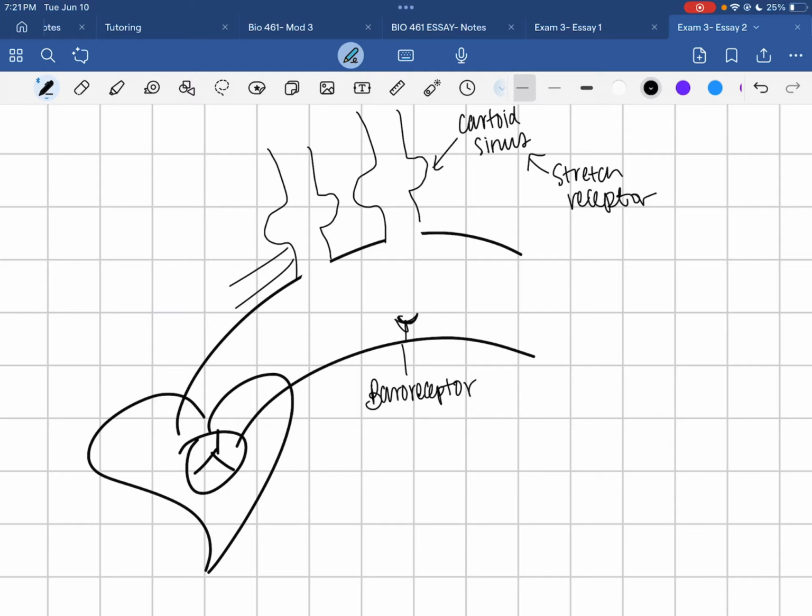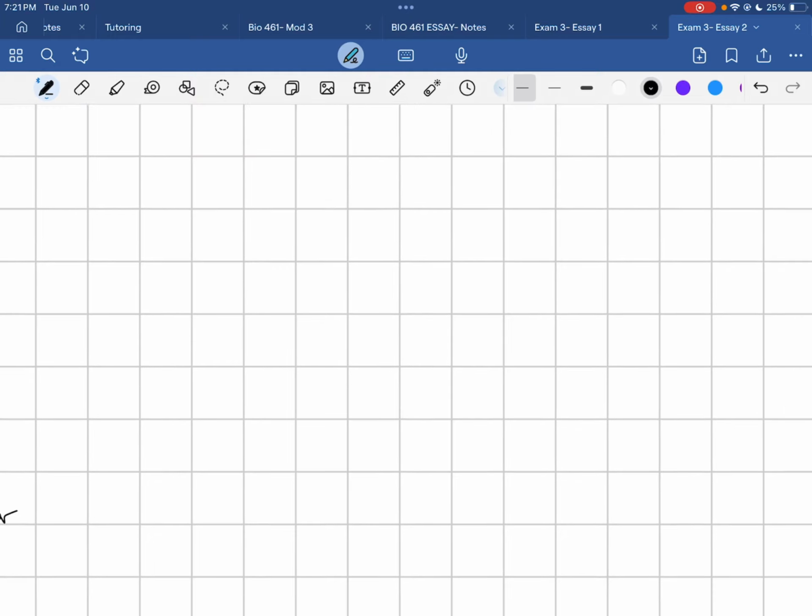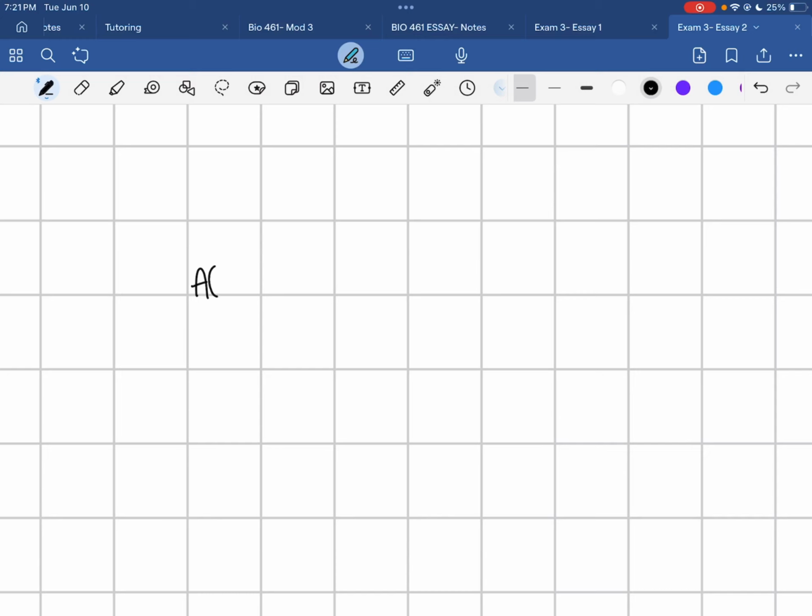So it can go to different areas of the brain. We have two different pathways.